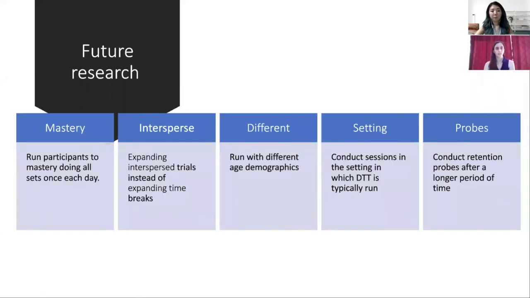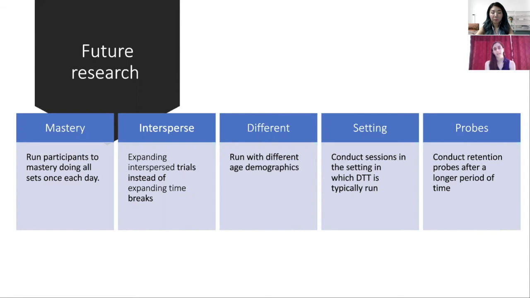Some future research that could be run based off of this data: run the trials to mastery. It would also be interesting to look at interspersing the trials instead of doing expanding time trial breaks.